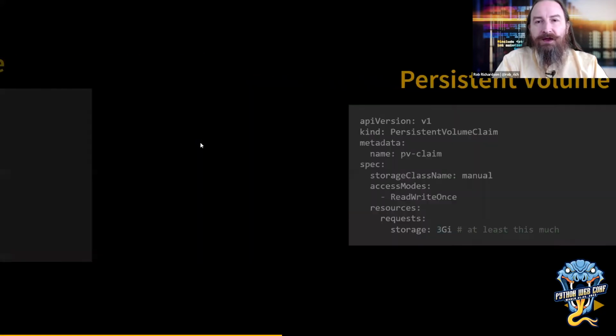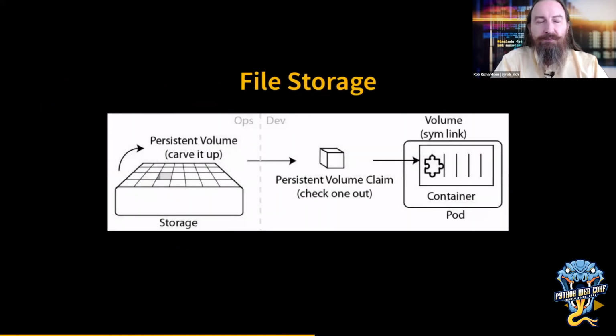And so now we have that piece that allows us that great separation. We created a persistent volume, carving up the storage. We claimed one of them that had the exact match of access mode, storage class, and at least that much storage. And we symlinked that into the pod. Now that's perfect.